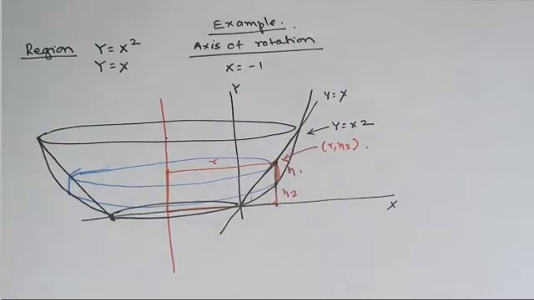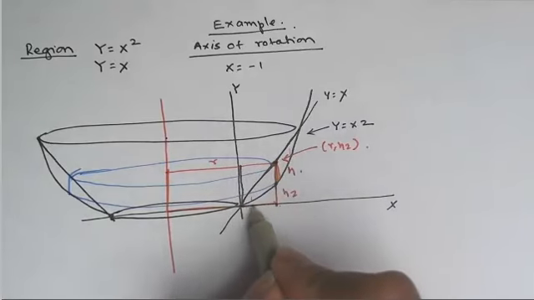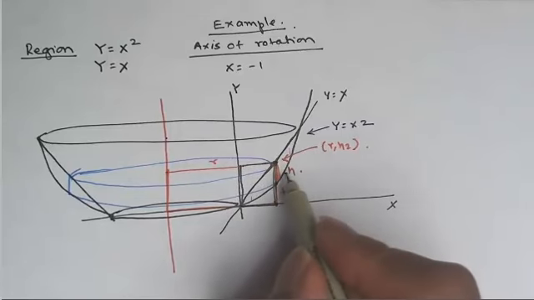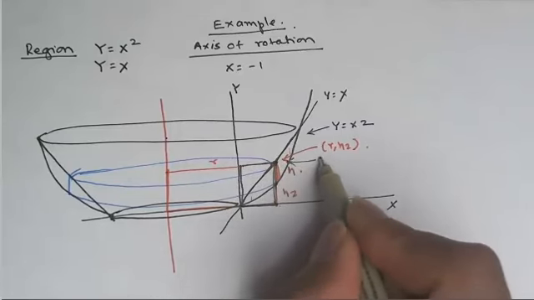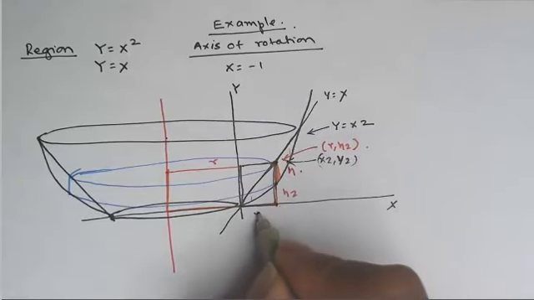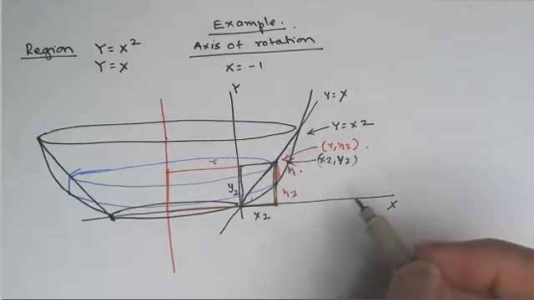And in the original coordinate system, this is the rectangle, and I'm going to say that its coordinates are x2, y2. So this is x2, this whole thing is y2, and we can immediately write down the relations for this.